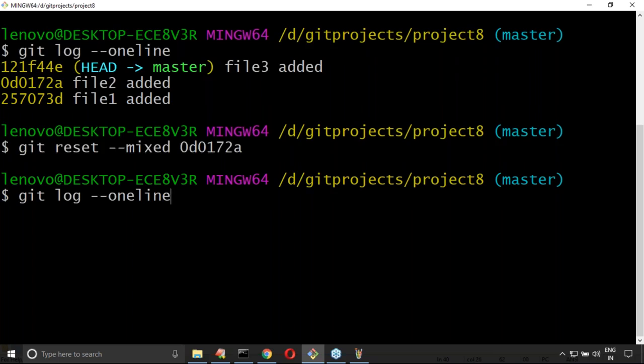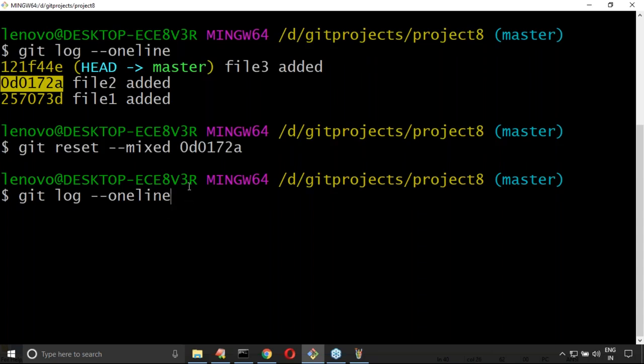Two commits. Which commit will become head? This one, 0d0 something, this one will become head. Correct, right? 172a, yes, this one will become head.